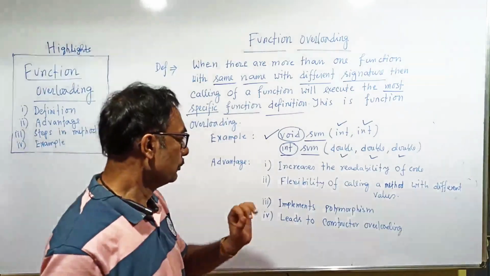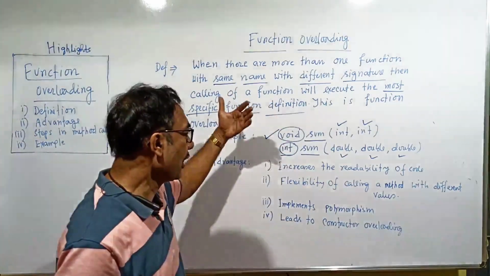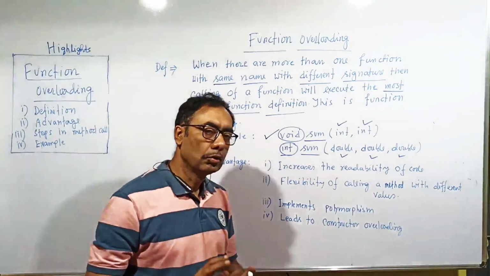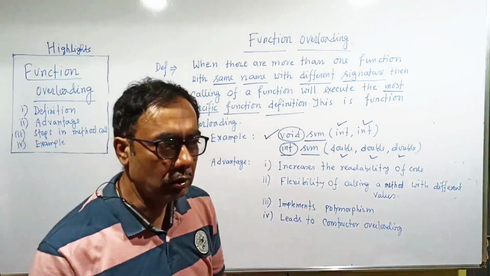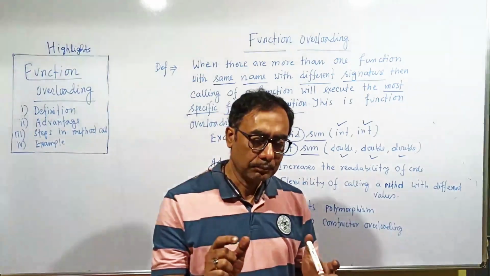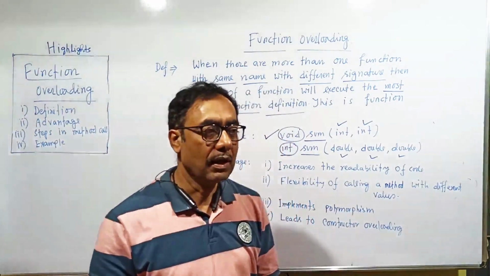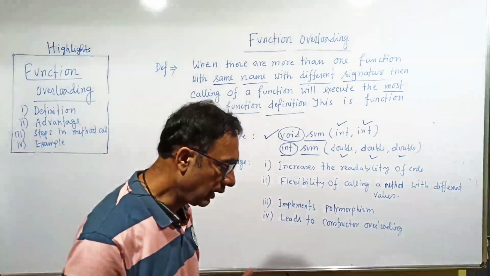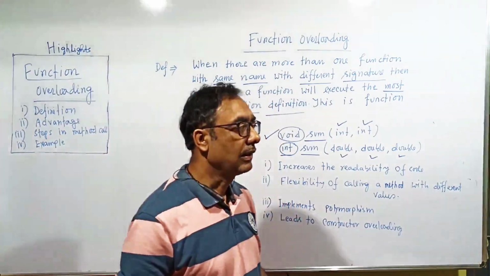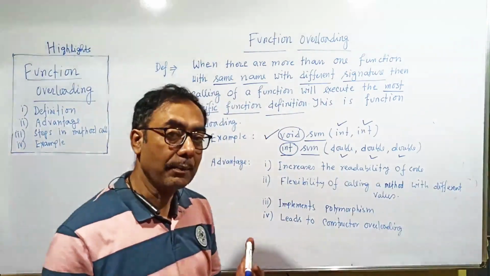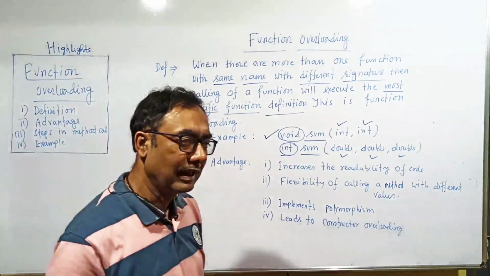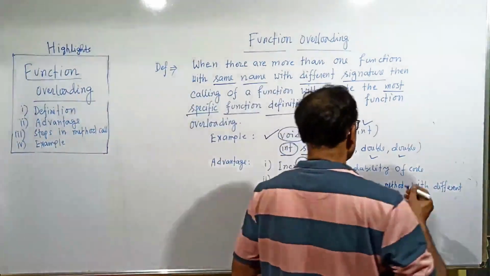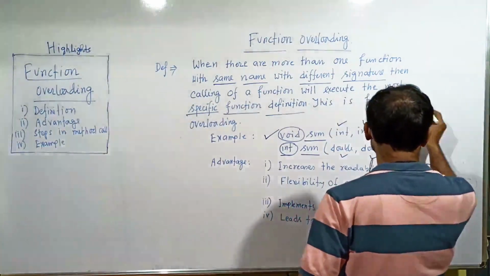Whenever we talk about function overloading, we have to remember that two particular points should be followed. The name of the method should be the same and the signature of the method should be different. Just to remind you how the signature or parameter list can be different. It can be different in many ways.